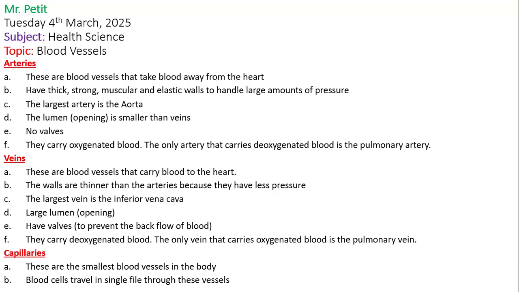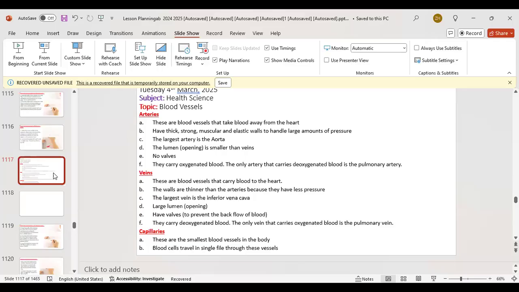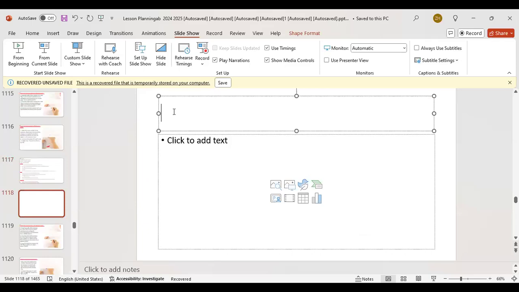All right. And so what we're going to be talking about today is good friction versus bad friction. Is there such a thing as good friction and bad friction? So let's go ahead and do this. My name is Mr. Petit. Today is Tuesday, the 4th of March, 2025.